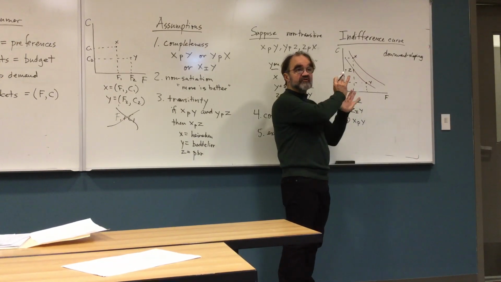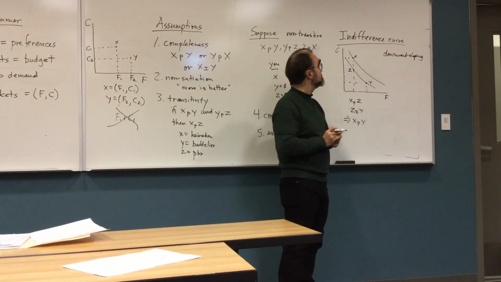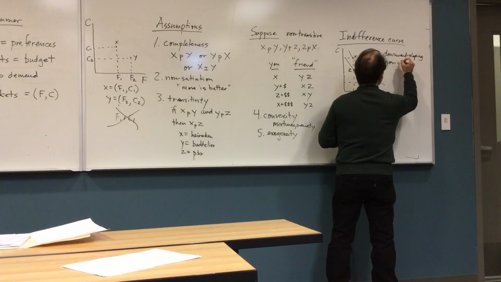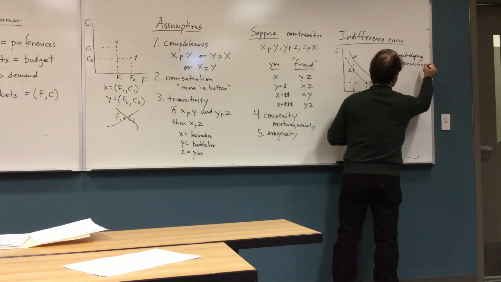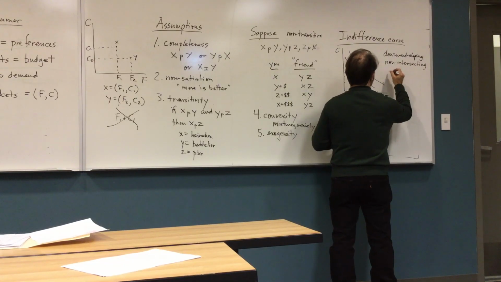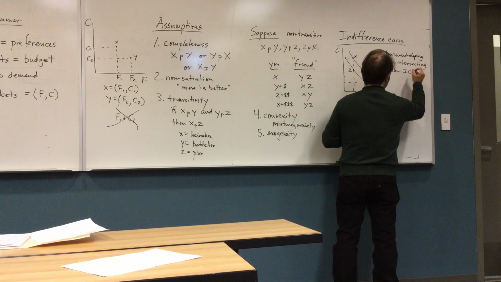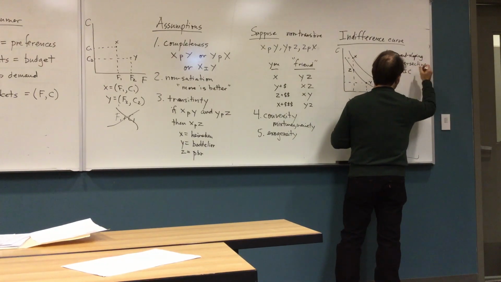And we know these indifference curves are distinct because they cannot intersect. Right, so downward sloping, non-intersecting or even touching, and prefer baskets on indifference curves up to the right.